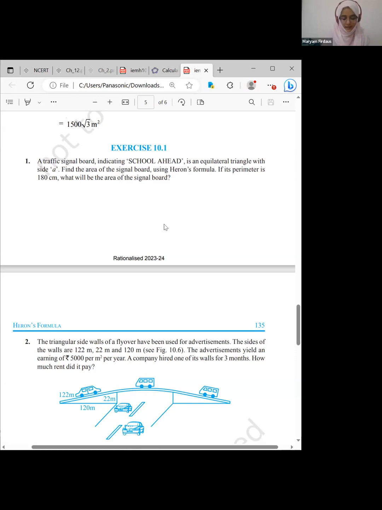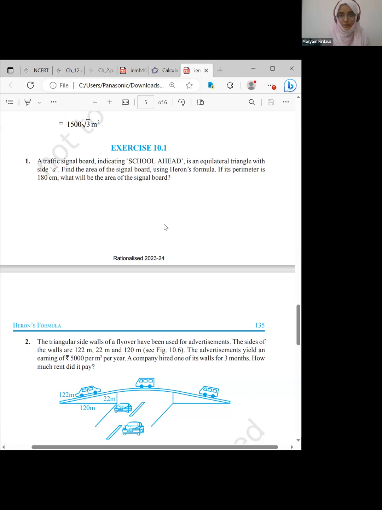Why? Because each of these three sides is A because it's an equilateral triangle, right? So you have A plus A plus A gives you the perimeter. That means 3A gives you the perimeter. So A is perimeter divided by 3, which is 180 by 3, which is 60. Okay. So each side is going to be 60, 60, 60 centimeters each.